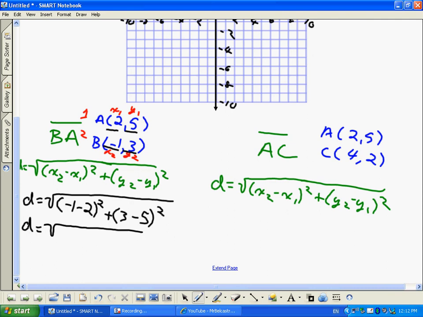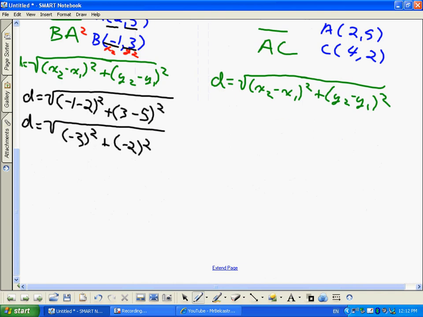Let's keep going. -1 subtract 2 is -3. 3 subtract 5 is -2. -3 squared is 9. -2 squared is 4. Root of 13.